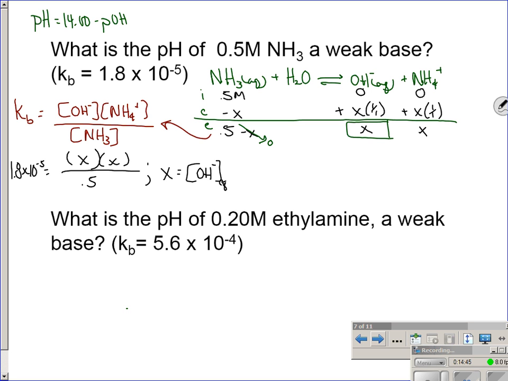Just put that EQ at the bottom. So you get a hydroxide concentration of 0.003.